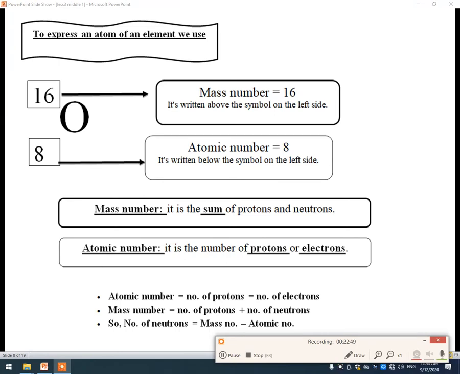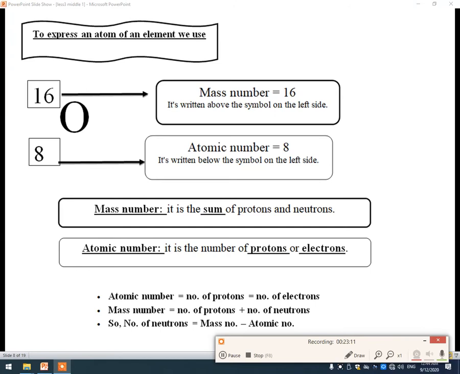It is called the mass number. What's meant by mass number? The mass number is the sum of protons and neutrons. In another way, the mass number equals protons plus neutrons.